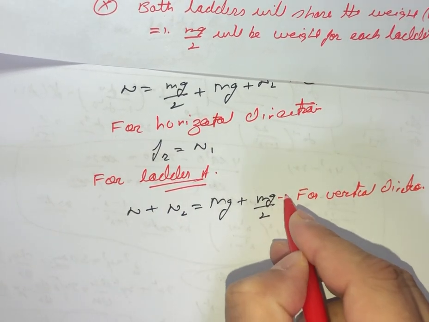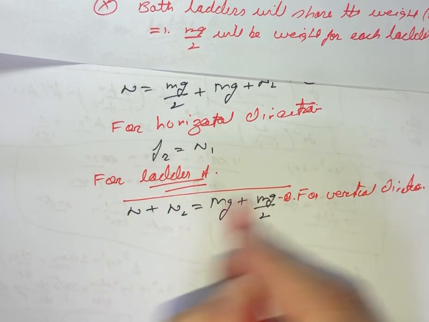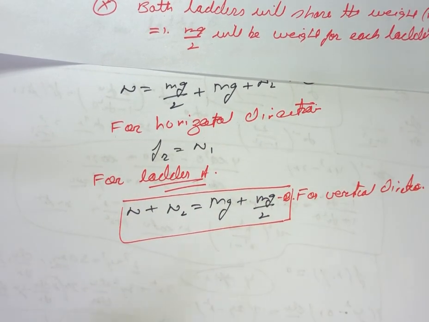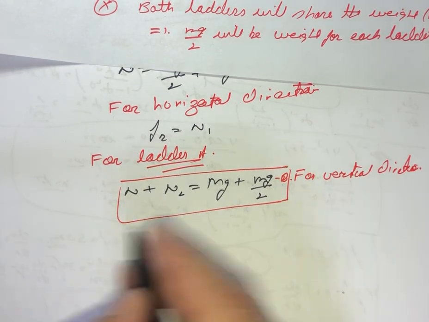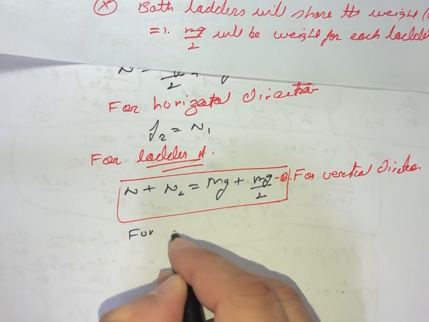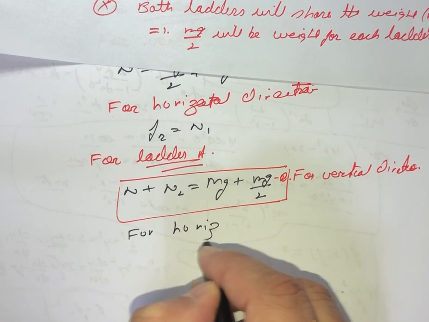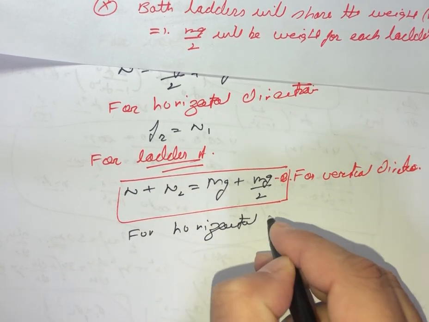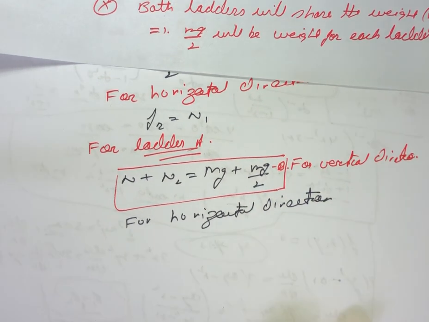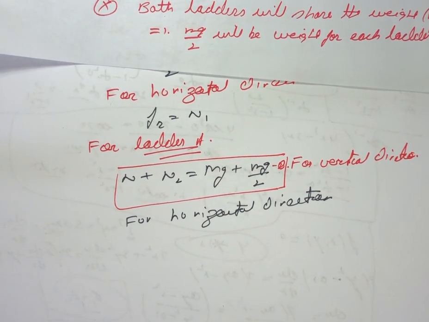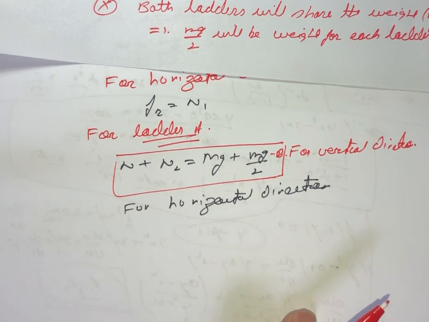Let us call this equation number 2. And for horizontal, we can say that our Fr will be equal to N1.